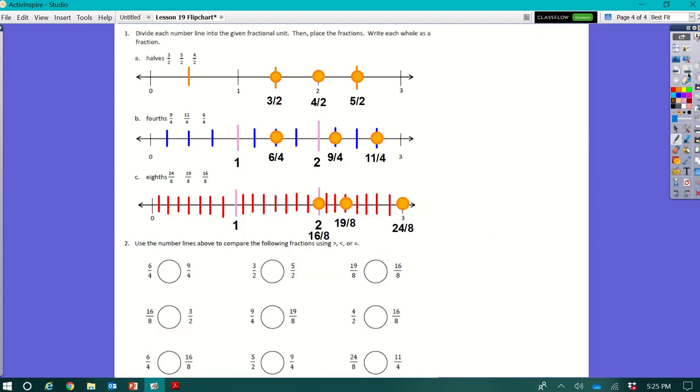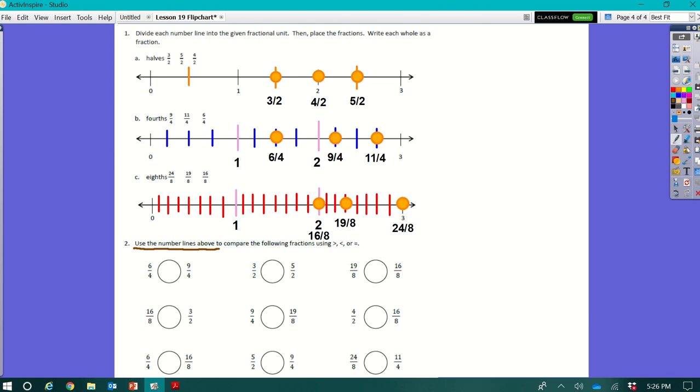All right, so this is the same page, but what I did was I already divided it up on the top, just so that you can use it as a reference. And now we're going to go ahead and complete problem number 2. Now, as you see, it says use the number lines above to compare the following fractions using greater than, less than, or equal to.